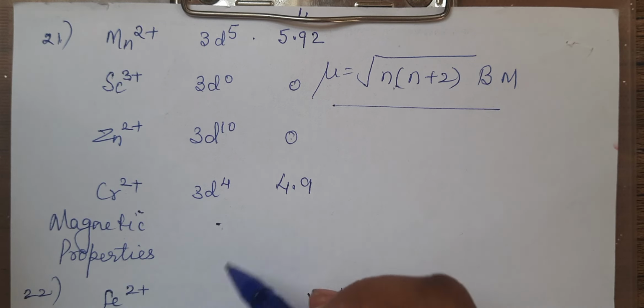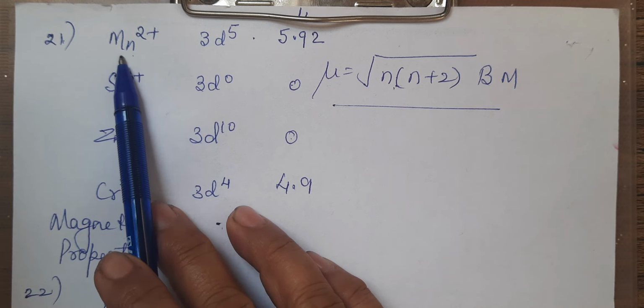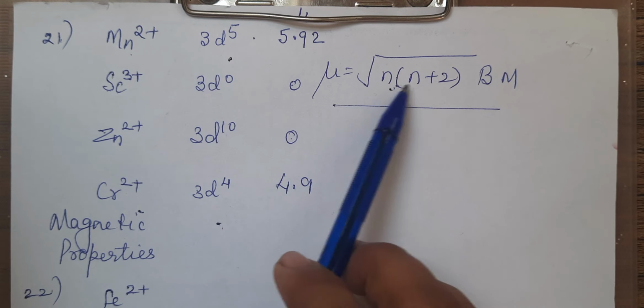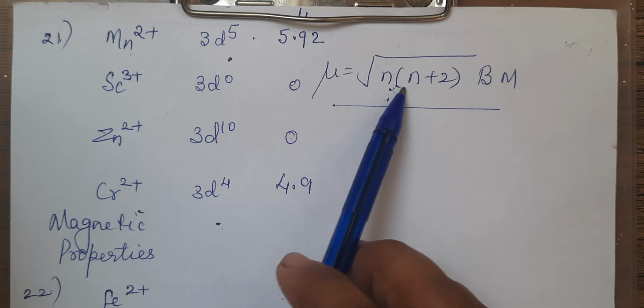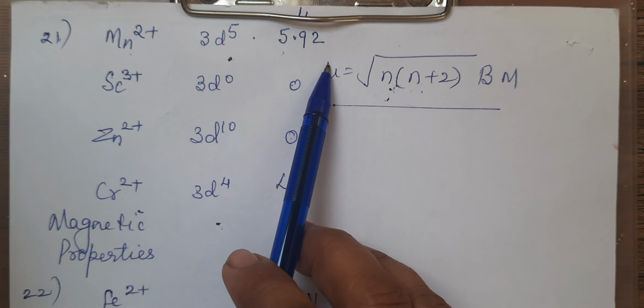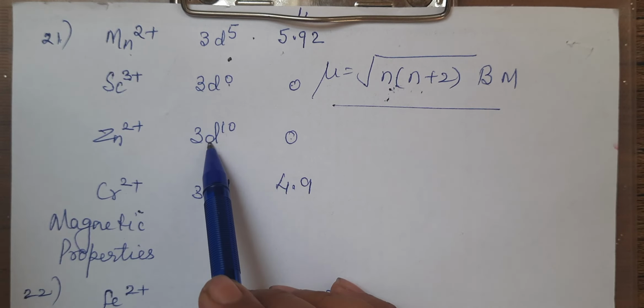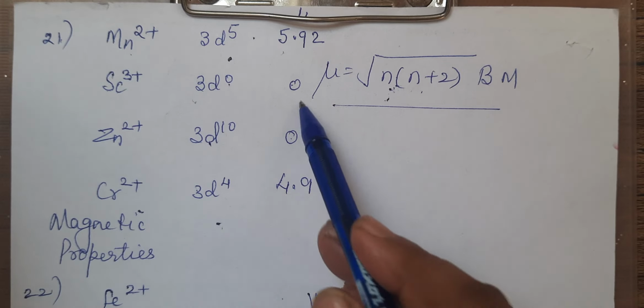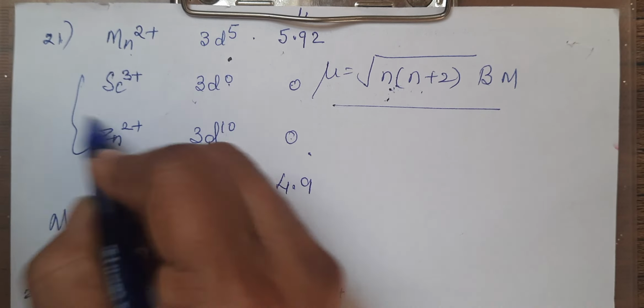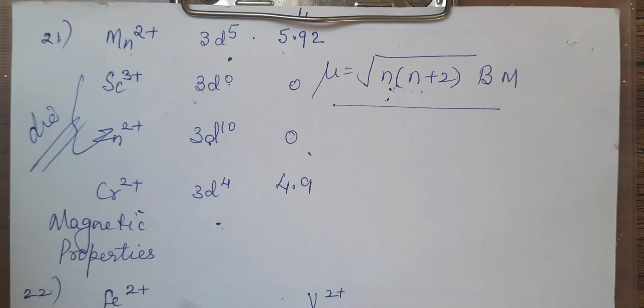So, if you compare here, Mn has 5 unpaired electrons, so you'll put n value 5 and then you'll get the magnetic moment. Scandium and zinc, in their ionic state, have 0 unpaired electrons. That means these two species are diamagnetic, so the magnetic moment would be 0.